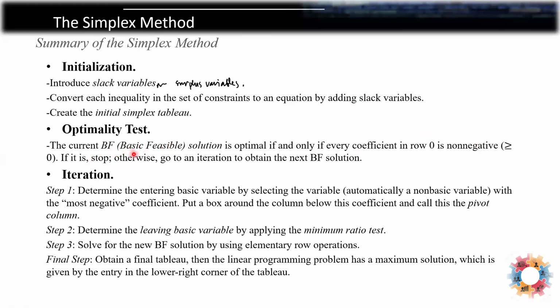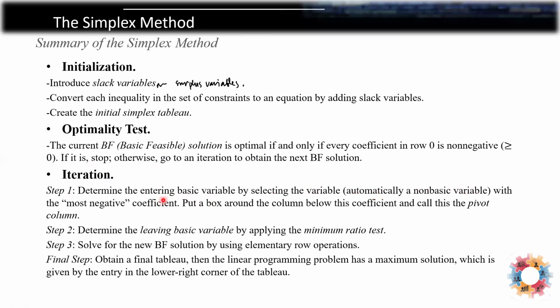But if at least one of the coefficients is negative, you have to go to an iteration to obtain the next BF solution. And how do you iterate? Step 1, you determine the entering basic variable by selecting a non-basic variable. There are two types of variables here: the non-basic variable and the basic variable.